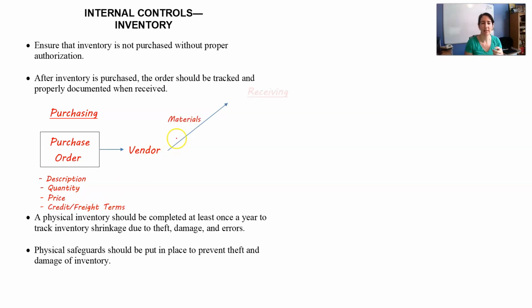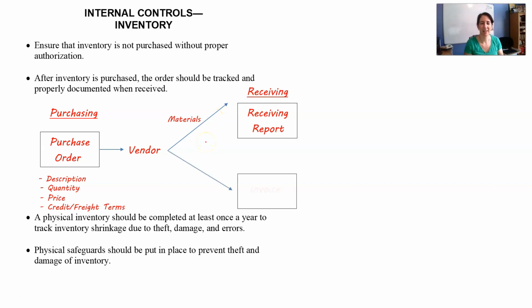The vendor then sends the materials. The materials go to receiving, right? There's usually a receiving bay where all the inventory goes. And that receiving person gets a report and they say, yes, we did in fact receive 100 animal crackers. And the vendor will send an invoice.